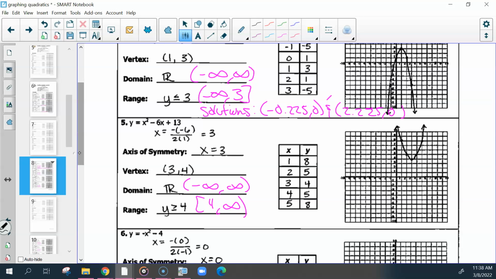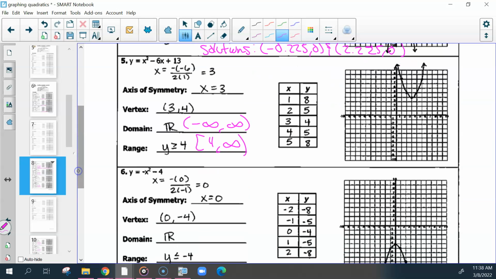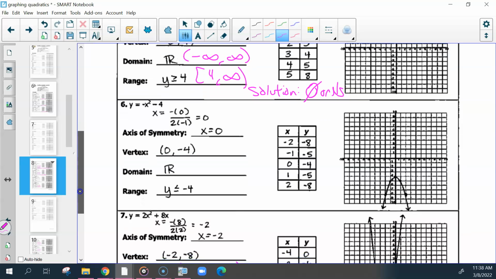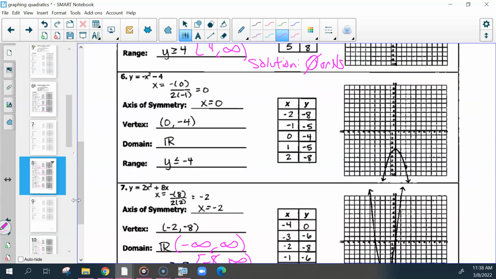For number 5, does this cross the x-axis? No. So this would be no solution. Number 6, does it cross the x-axis?